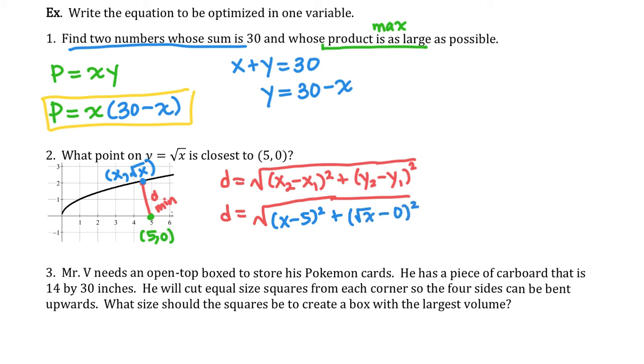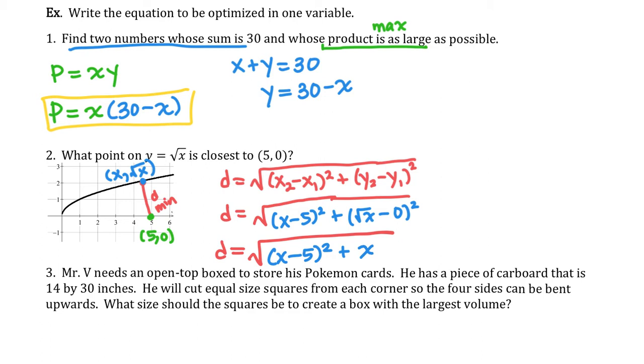And it could be vice versa. Distance formula, it gets squared anyways. Let me simplify this a little. I don't mind the x minus 5 squared. Okay, but if I do square root of x minus 0, I get the square root of x. And the square root of x squared is just x.